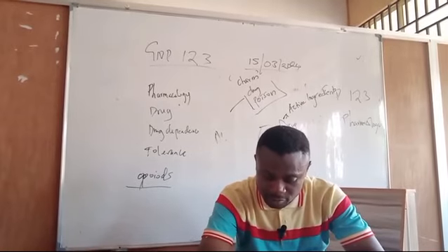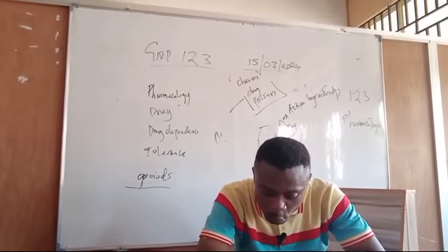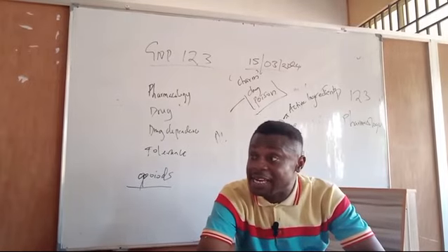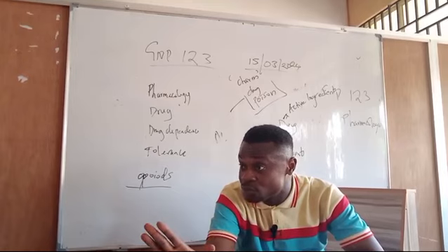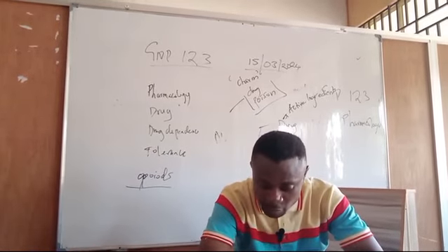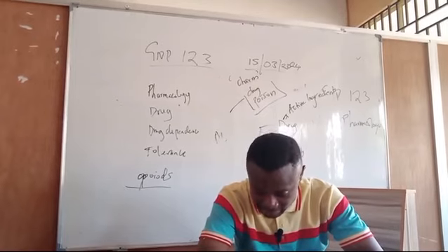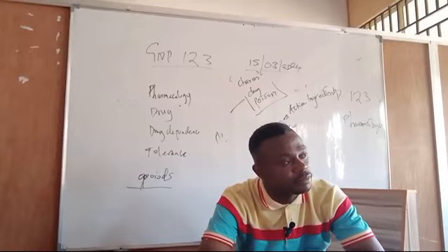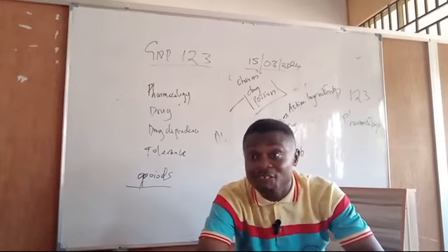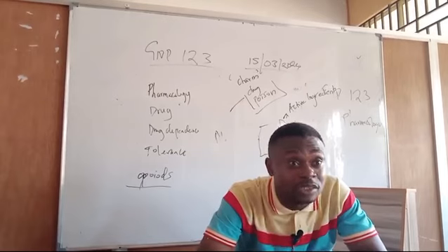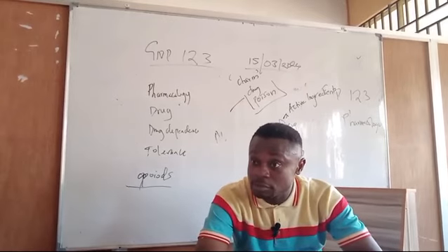Now, what is addiction? Actually, addiction is a disorder on its own. Addiction on its own is a serious disorder. In fact, it's a disease. I can comfortably tell you that addiction is a disease, a serious problem.